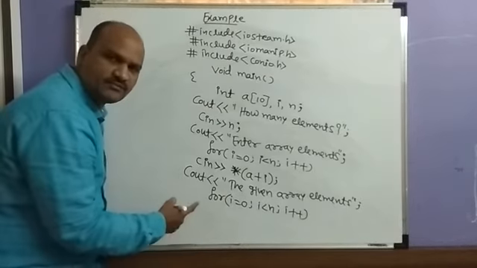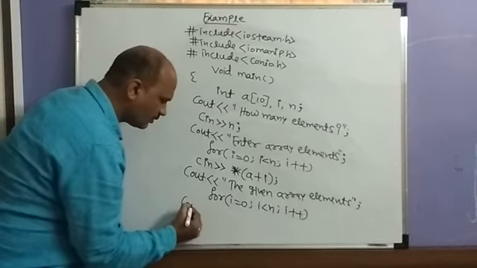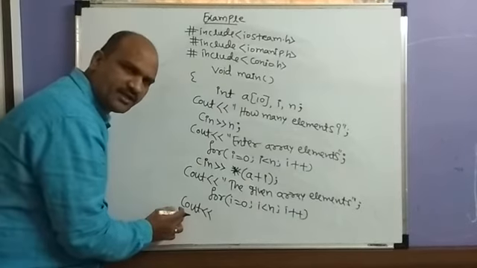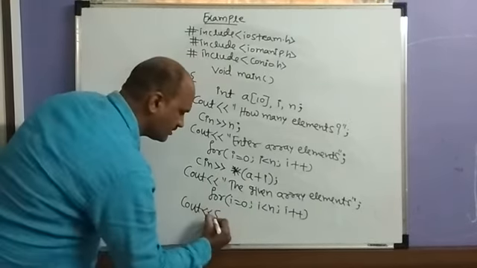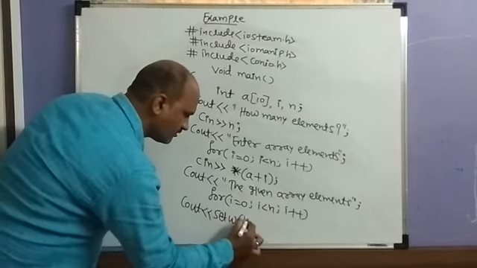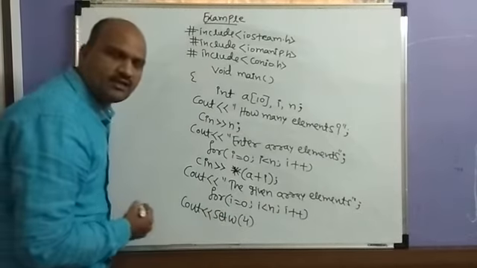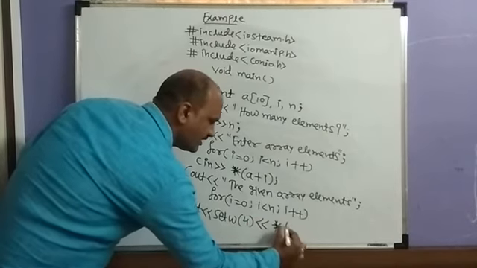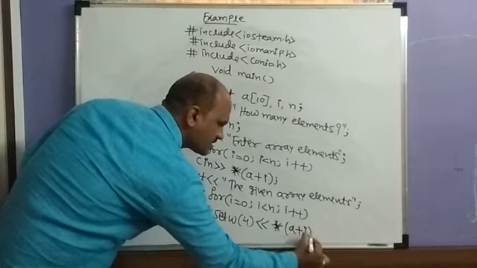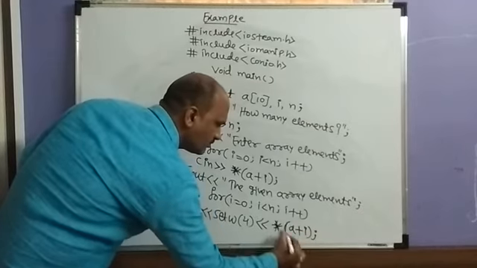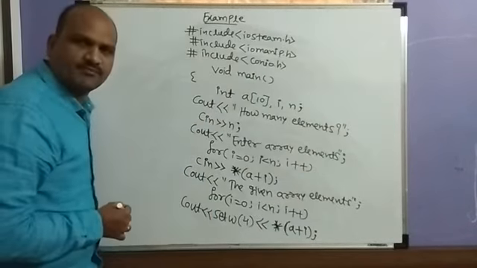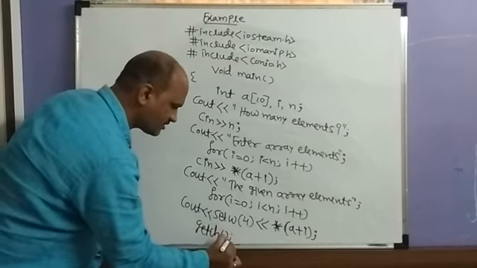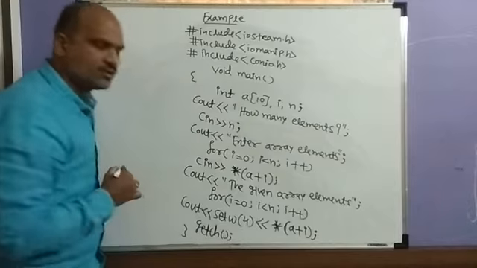Then cout, we print the elements with setprecision, and again the indirection operator *(a + i), so the pointer will be reading. Then close with getch and close the brace.